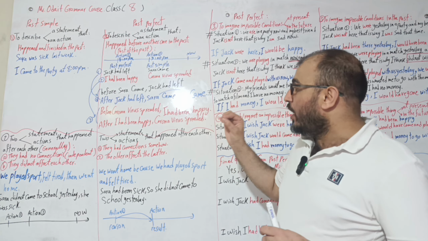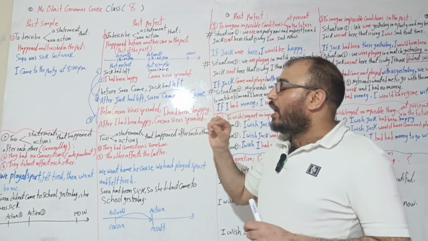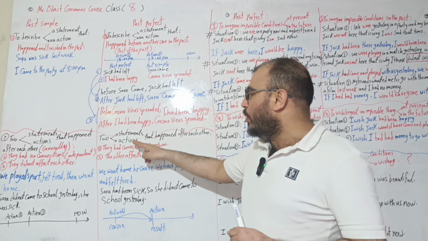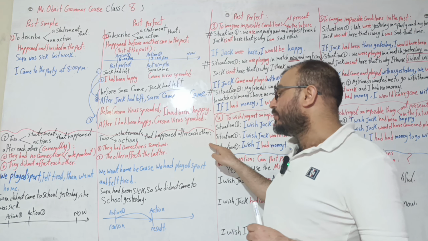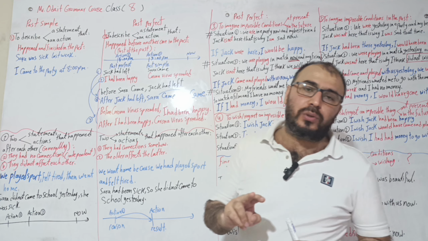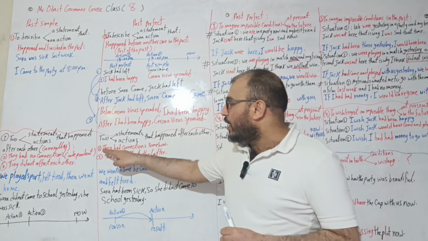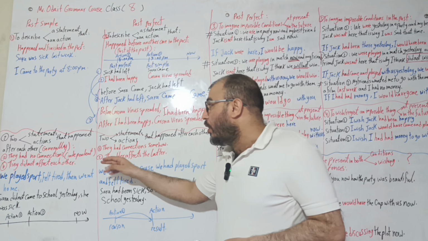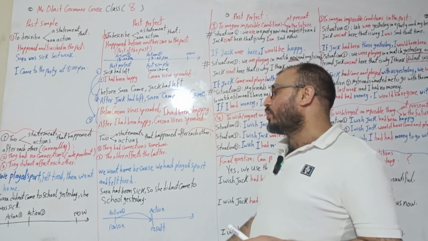While if I use the past perfect, I can describe two or more statements or actions that happened after one another, but we have to take into consideration two main points. Here, the actions are connected to one another, and the older action affects the later one.